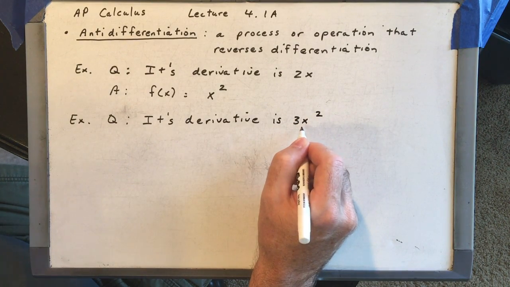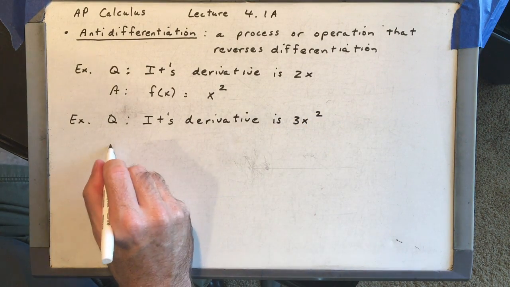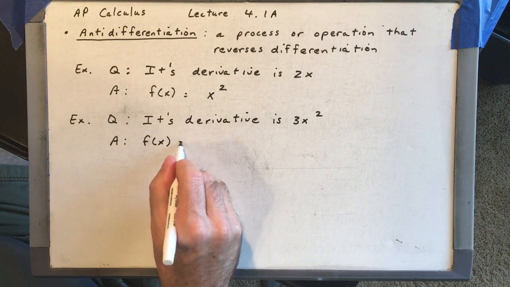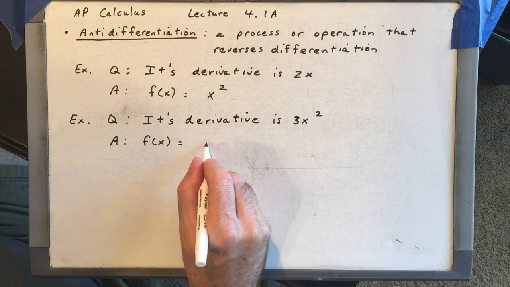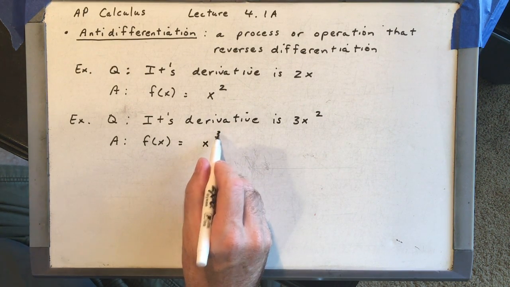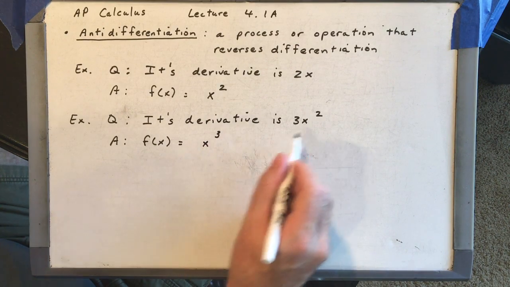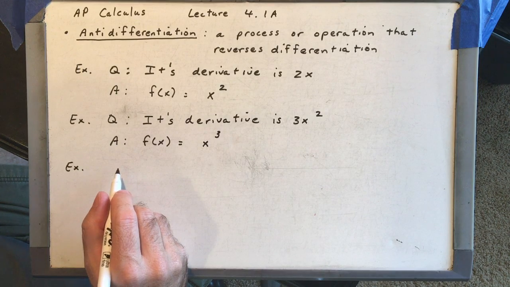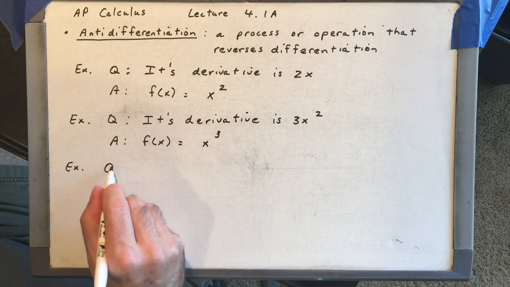All right, its derivative is 3x squared. All right, drum roll please. Can you think of the answer? Well, it's going to be x cubed. Take the derivative of x cubed, 3, bring it down front, subtract 1, 3x squared. All right, we're starting off with some easy ones. Next question.